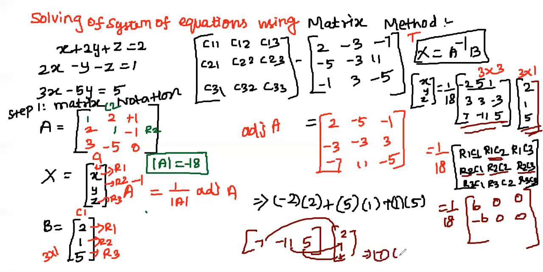So it's 7 into 2 minus 11 into 1 plus 5 into 5. So that is 14 minus 11 into 7, which is 77, plus 25. So that will give you 39, 39 minus 77. So 39 minus 77 will give you what? Minus 38.